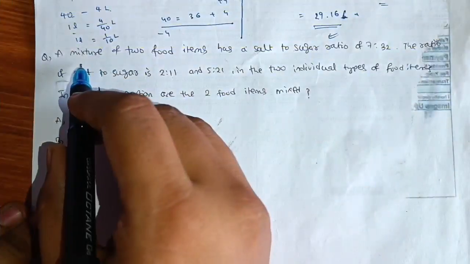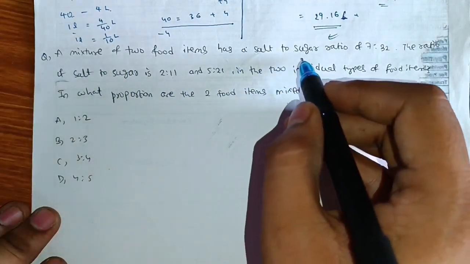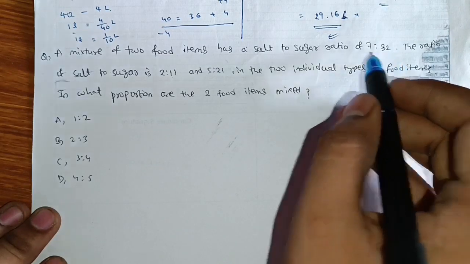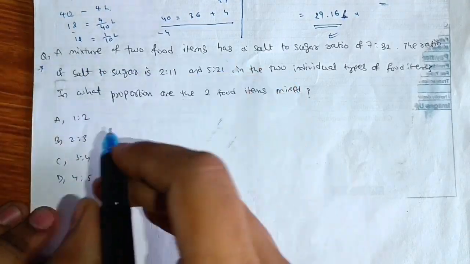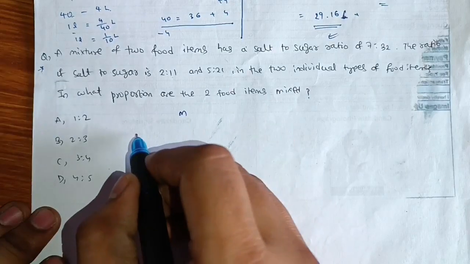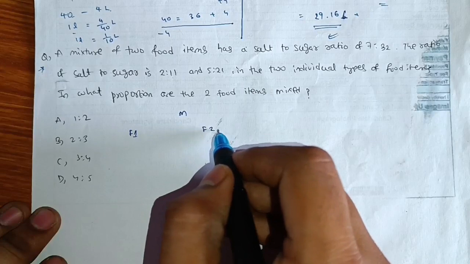Next question. A mixture of two food items has a salt to sugar ratio of 7:32. Observe carefully, this is the most important question. A mixture is made up of two food items, let them be F1 and F2.